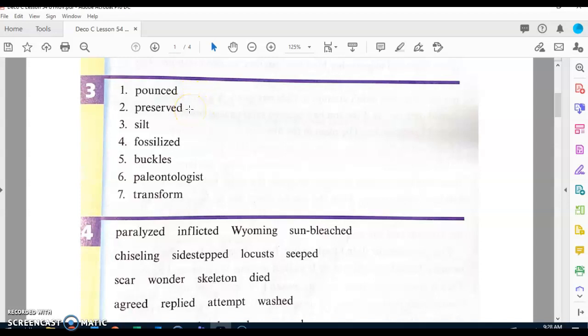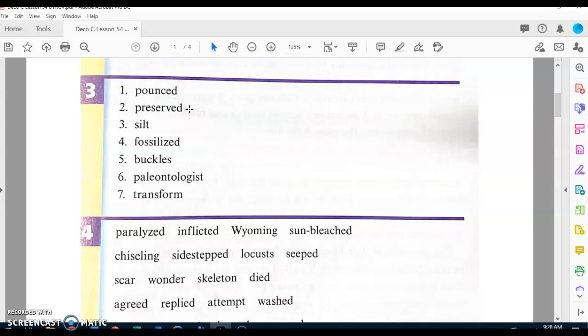Word number 2. What word? Preserved. Something that was preserved lasted a long time. Everybody, what's another way of saying the treasure lasted a long time? Think about it. Get ready.